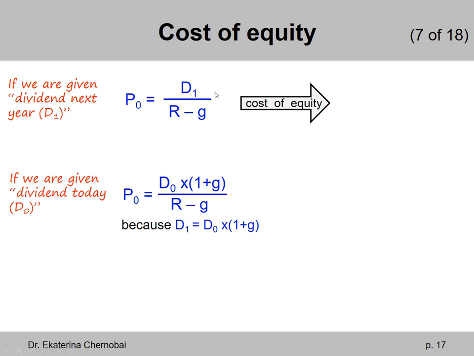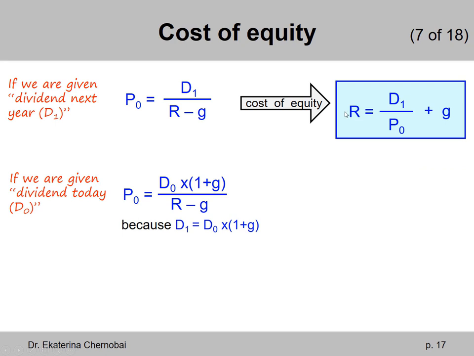If you rearrange the first formula, you get R equals D1 divided by price 0, and then you add lowercase g to this fraction. Again, this is something that came up at the end of chapter 8, in which we were looking at how the return on a stock investment can be explained as 2 sources of the gain in your money, the dividend yield and the capital gains yield.